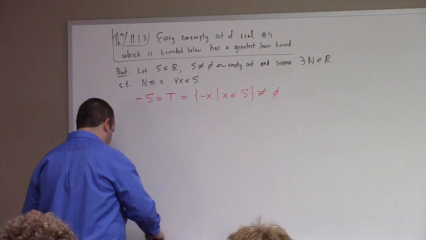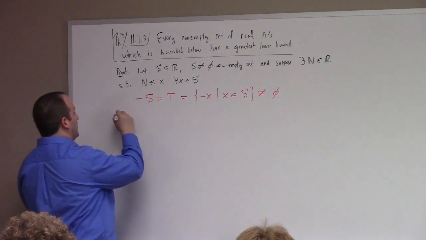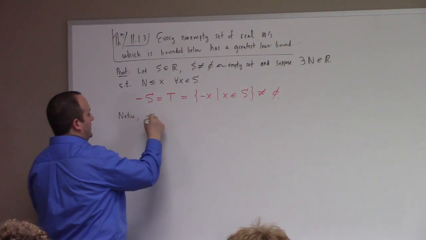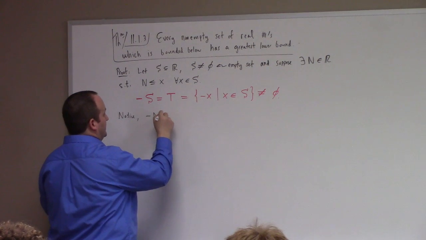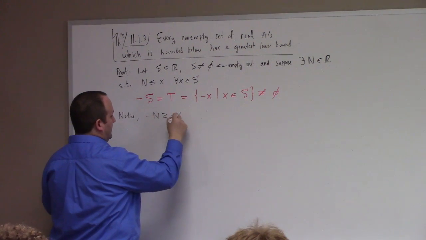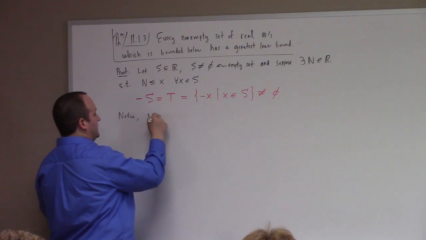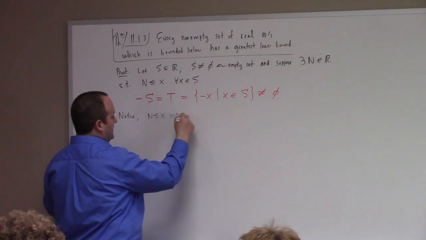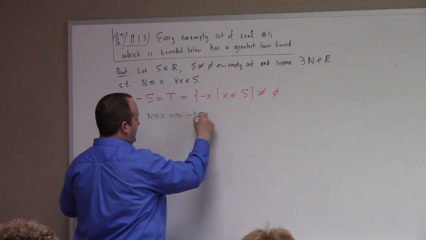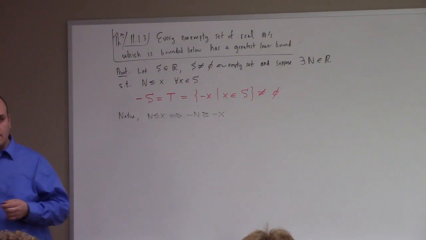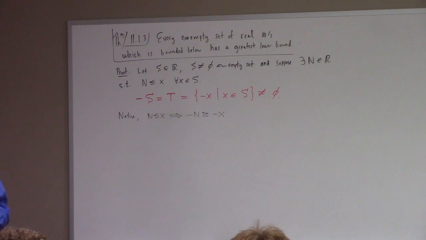And furthermore, it's pretty easy to notice that minus n is greater than or equal to minus x. Let me be more specific here. I'm saying n less than or equal to x implies that minus n is greater than or equal to minus x, by properties of inequalities.